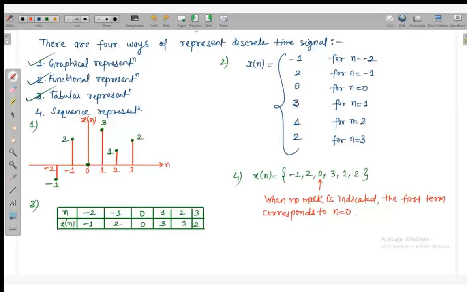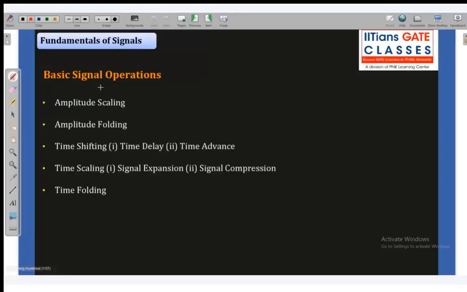Okay, now we will look at some operations on signals. You might have heard about a number of signals like unit step signal, unit ramp signal, delta function, sinusoidal, exponential, signum, and parabolic signal.